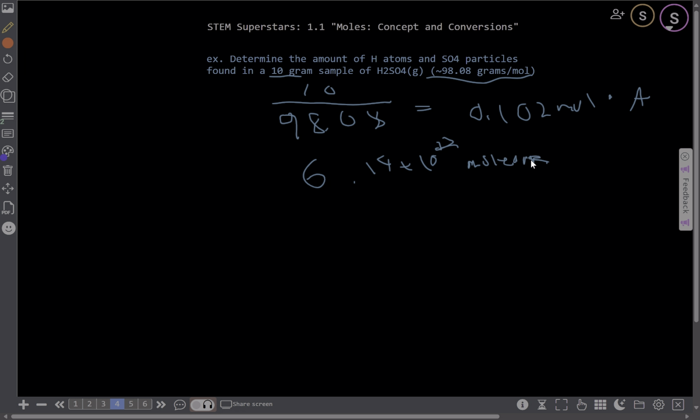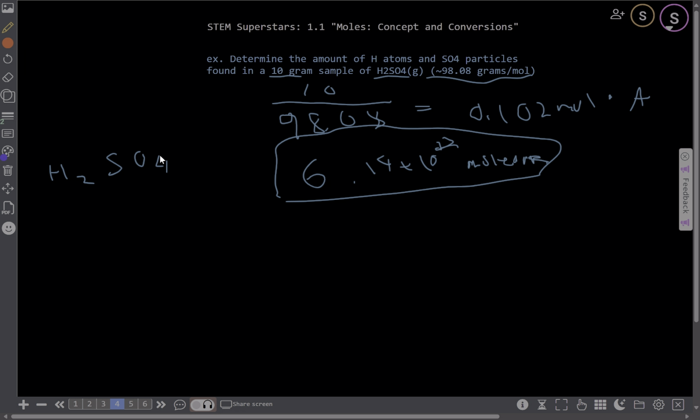So we're at the same point we were in the last question, where now let's look at our chemical formula, because this number gives us the amount of molecules of our sample, which is hydrogen sulfate in its gaseous state. So when we look at this, we see that there's 2 hydrogen atoms and 1 molecule of sulfate per molecule of hydrogen sulfate.